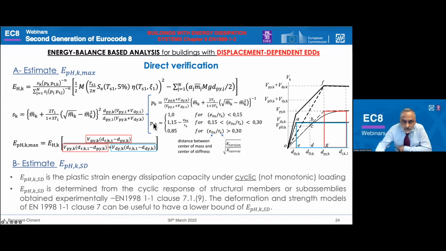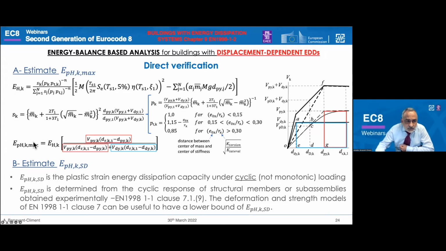And the second parameter, PTK, takes into account the proneness to torsion of the building and is obtained as a function of this ratio, the distance between the center of mass and center of stiffness, and this torsional ratio.